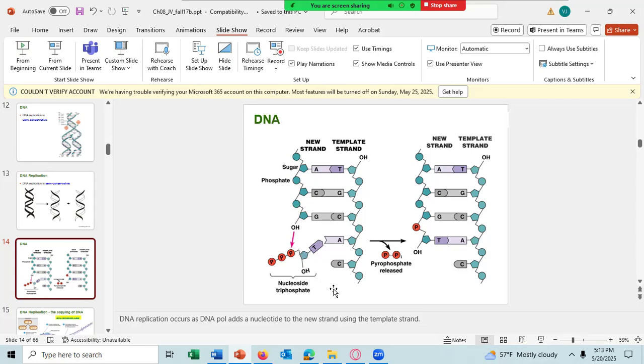Any questions about any of that? And that shows right there how the reaction occurs. The dipyrophosphate comes out, meaning the two phosphates, and the T is added here, and the phosphate here binds to the ribose there. Any questions about any of that?